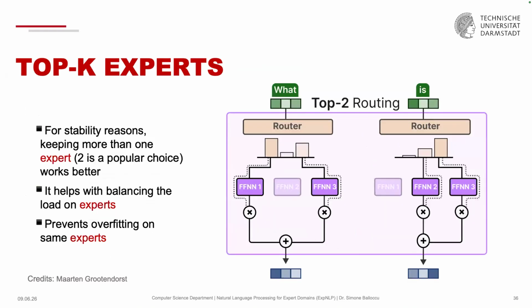As I said and repeated a few times, you don't have to pick only one expert. You can pick more than one. And in fact, picking more than one is the better choice. A common choice that seems to work quite well is taking the top 2 experts. Why am I saying that taking more than one expert works better?